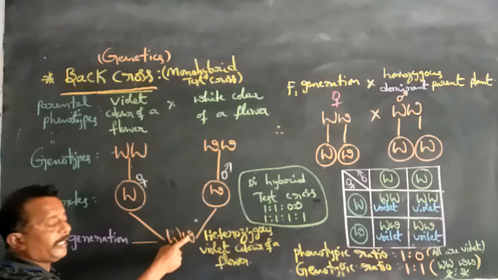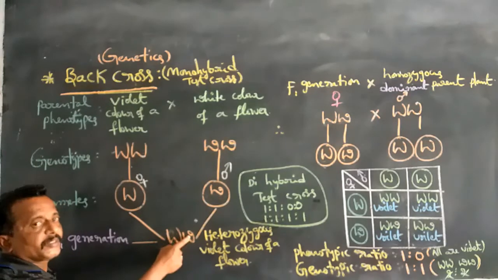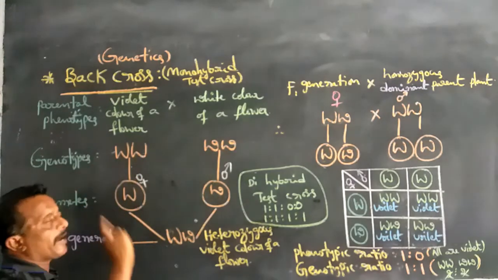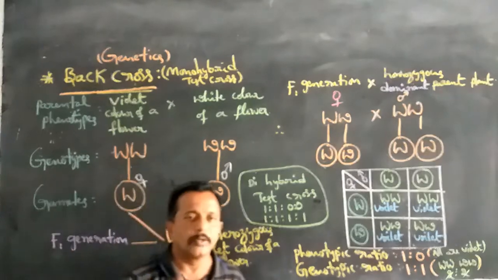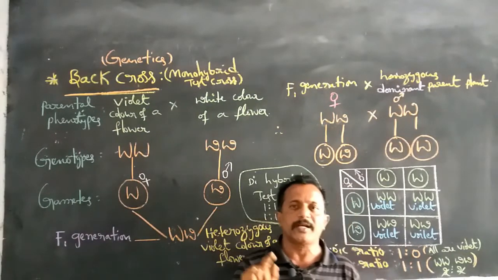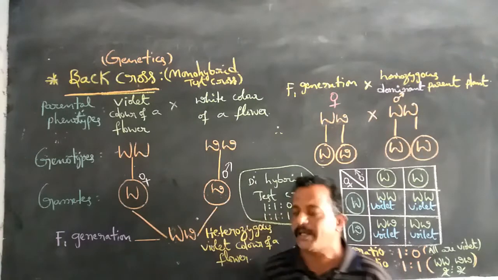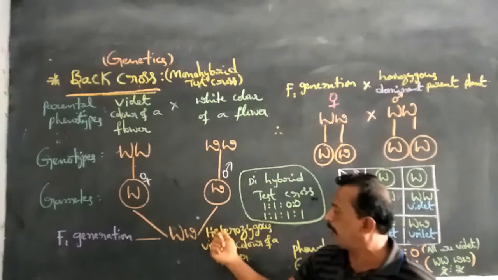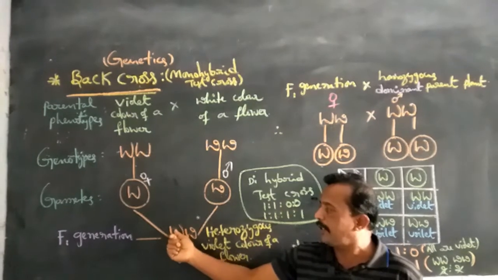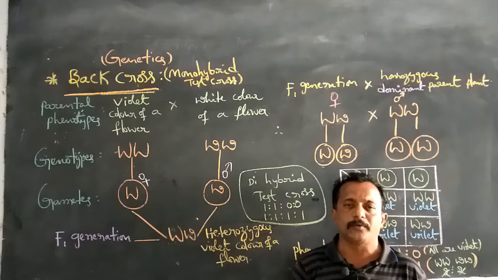This is similar in both test cross and back cross. So all heterozygous plants will be produced in both test cross and back cross. Both are similar.